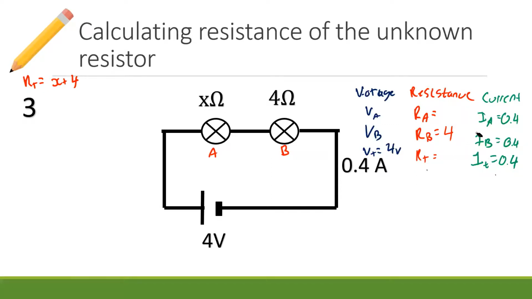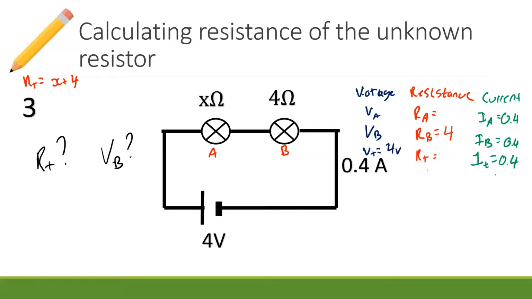So I'm going to leave you guys with a choice here. Do you want to work out what RT is, or do you want to work out what VB is? Both of those will get you to the answer, and both of those we can work out now because we know RB and IB, or we know VT and IB. I want you guys to vote.